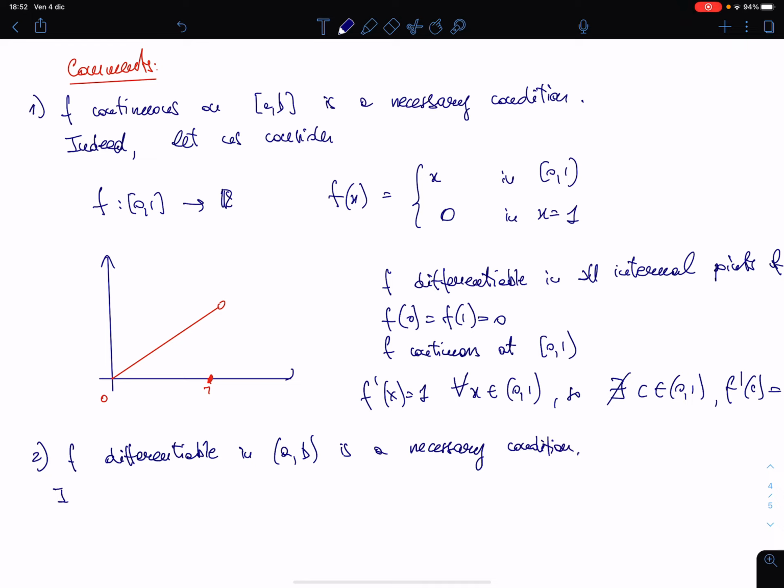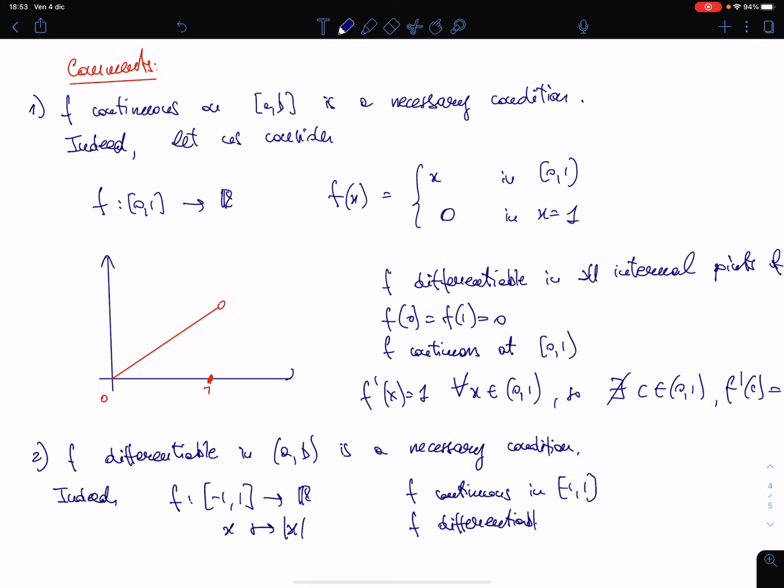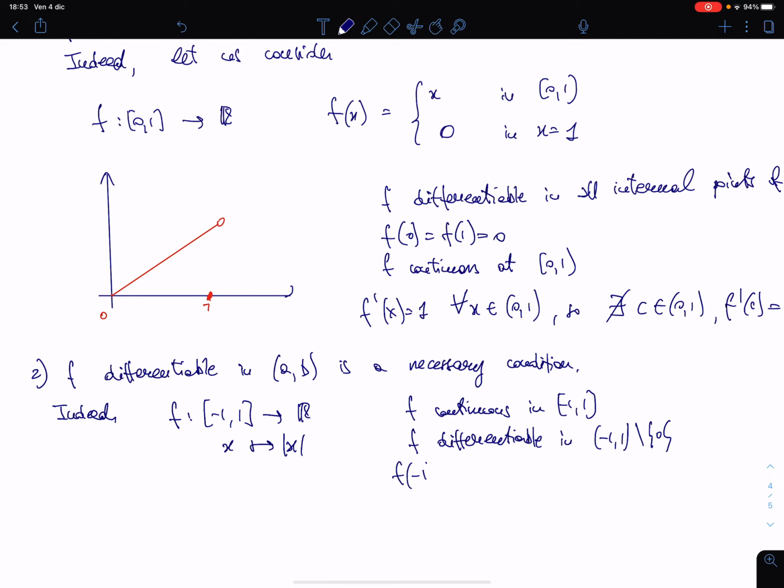Indeed, consider f from [-1,1] to R, for instance the absolute value, and you know that f is continuous in the whole closed interval [-1,1]. f is differentiable in [-1,1] minus 0. f(-1) is equal to f(1), which is equal to 1.